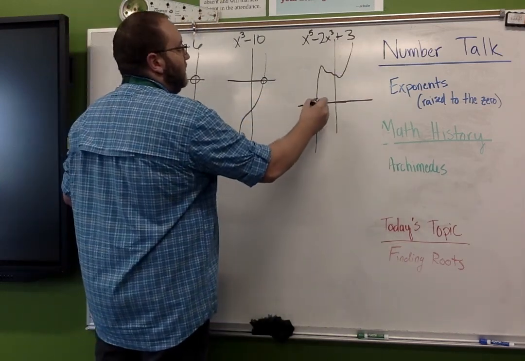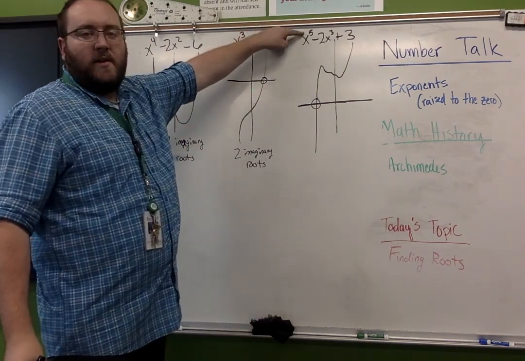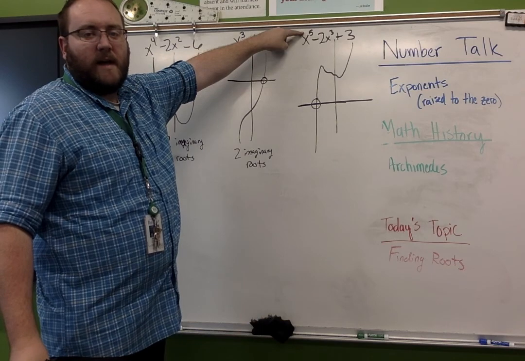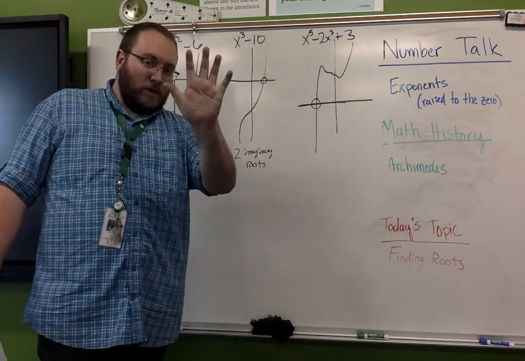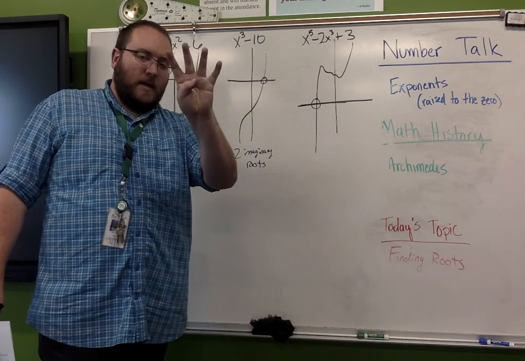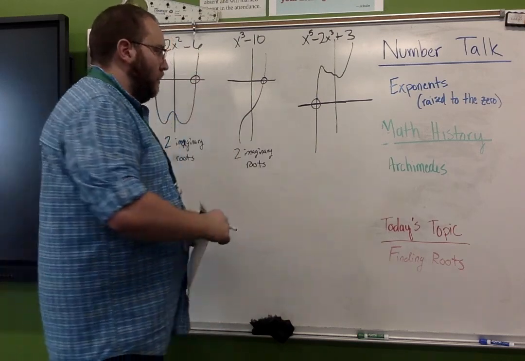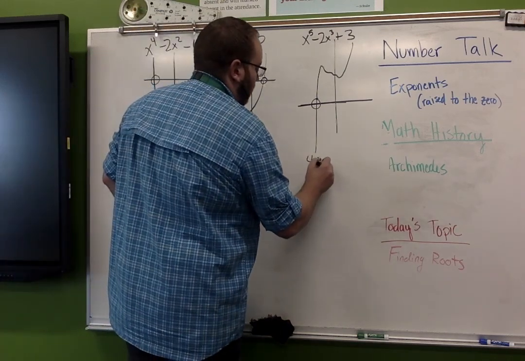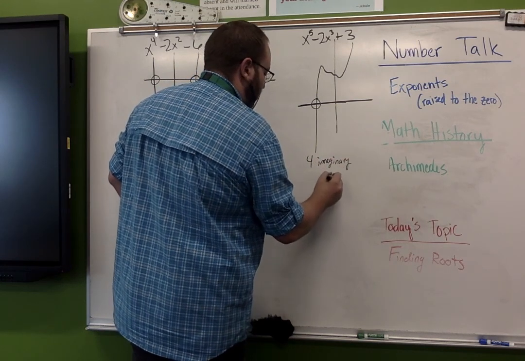Well, there's 1 x-intercept, but we have a degree 5, the biggest exponent is a 5, so we need 5 roots. 1 shows up on the graph, so 1's a real number, right? It's an x-intercept. That means there's 4 imaginary solutions that aren't accounted for here. So 4 imaginary roots.